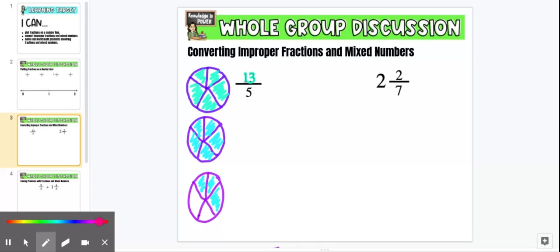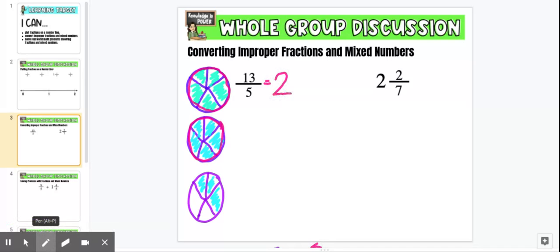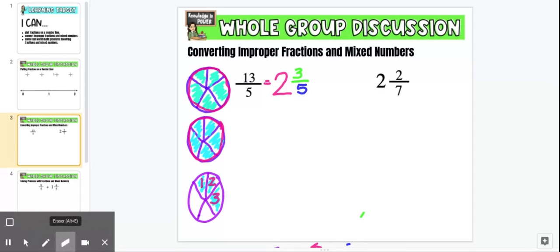So what I'm going to do now is say, okay, well, I colored in 1 whole, 2 wholes. So 13 fifths is really equal to 2. And then you have 1, 2, 3 left over. And your denominator is always going to stay the same. Okay, so our mixed number is 2 and 3/5.